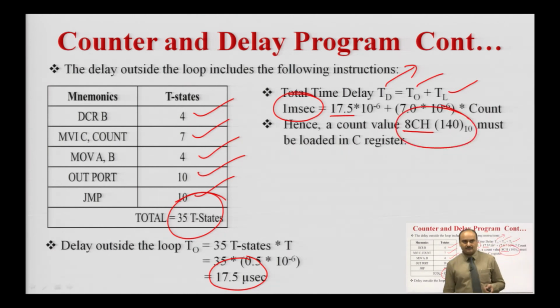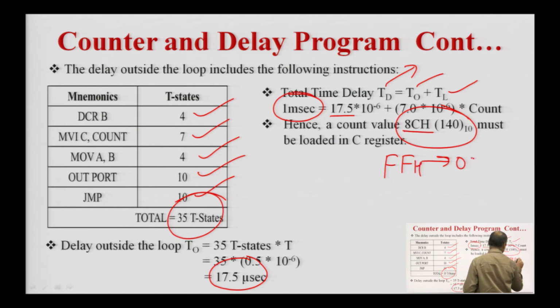So, with the help of this program we can design a down counter which will count the number from FF to 00H. The initial value is FF, and being a down counter, it will count from FFH to 00H, and between each count it will generate a delay of 1 millisecond.